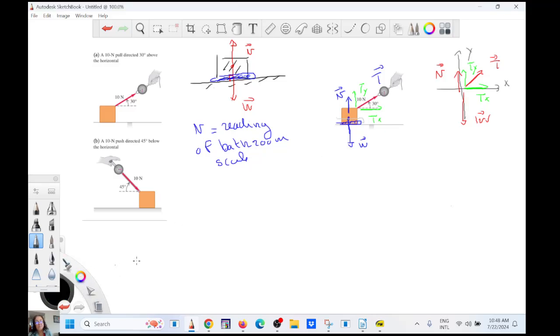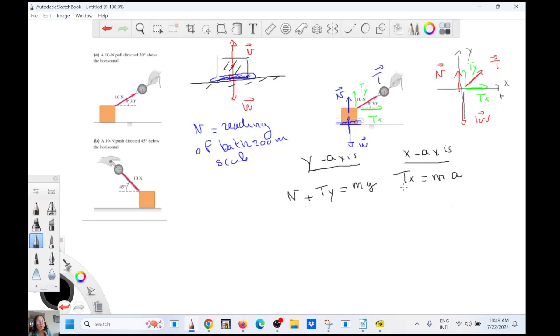Along the horizontal x-axis, T sub x is to the right, so it is positive, and it equals the mass times the acceleration. Along the y-axis, they cancel each other out, so the normal force plus the y component of the tension equals the weight, which is mg.